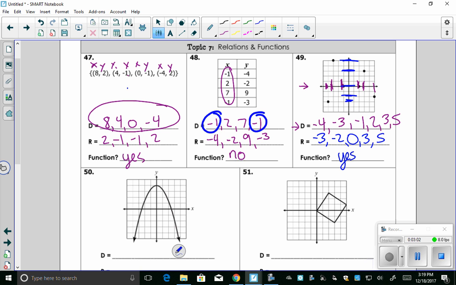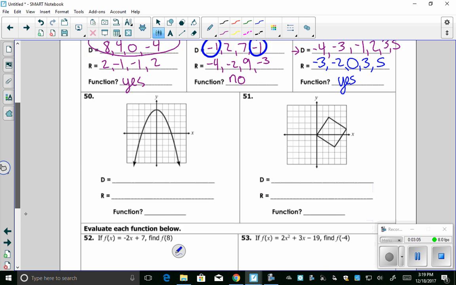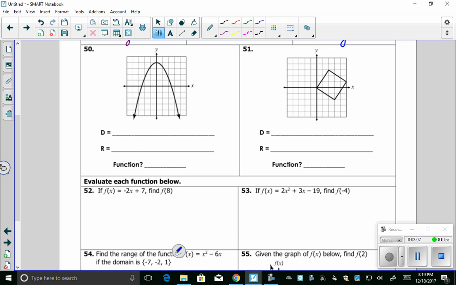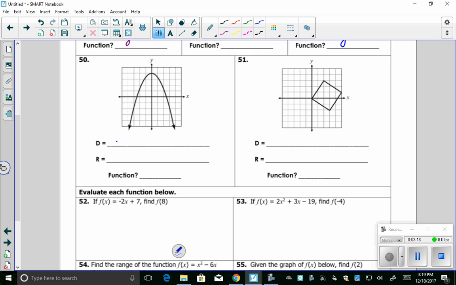Alright, 50. If you are given a graph, you ask yourself, what's the furthest to the left this graph will ever go? Well, going to the left, it keeps on going. It's never going to stop increasing to the left, and to the left is negative infinity. Going to the right, it's the same thing.